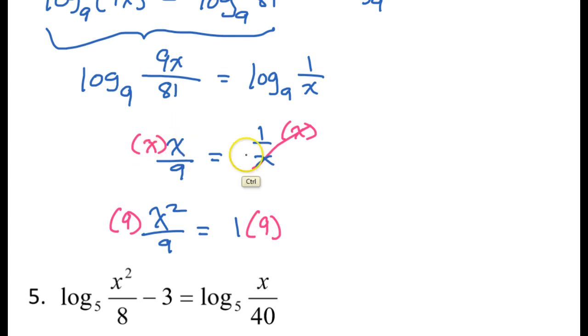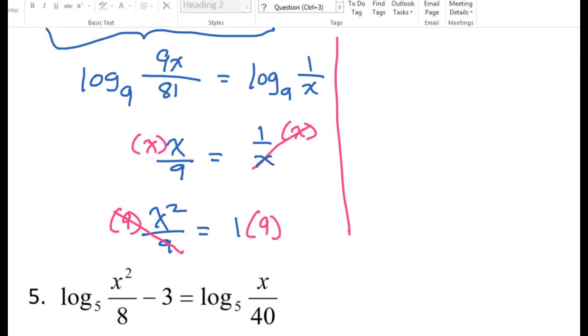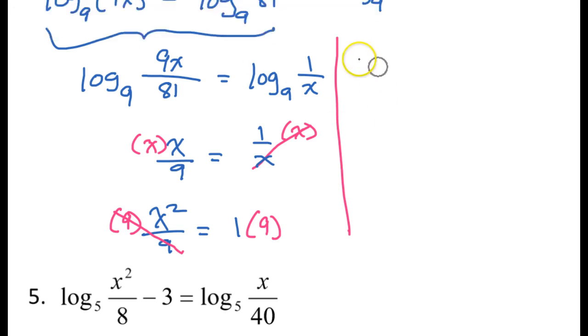Alright, so look, if you're familiar with cross multiplying, you could do this in one step and just do x squared is equal to 9, which is what I'm about to get. Either way, you end up with x squared is equal to 9. Taking the square root of both sides, I'm going to get x is equal to plus or minus 3. Don't forget the plus or minus. That's two solutions for the price of one.